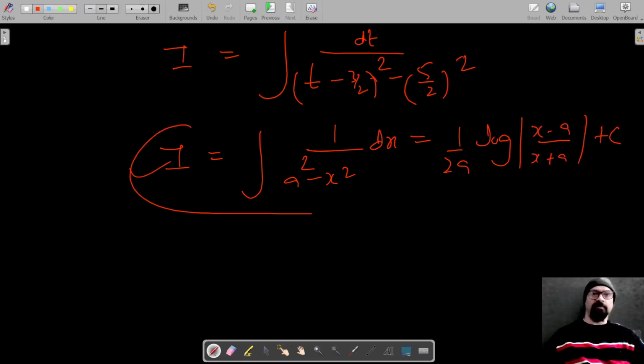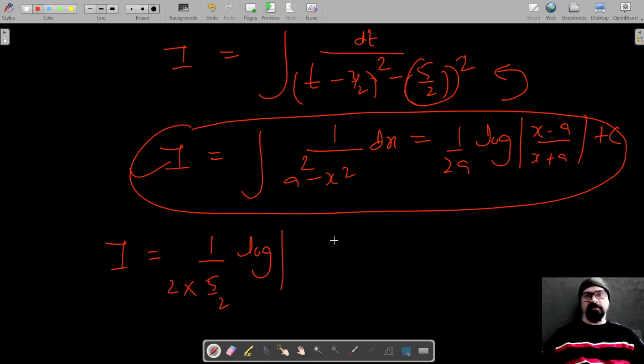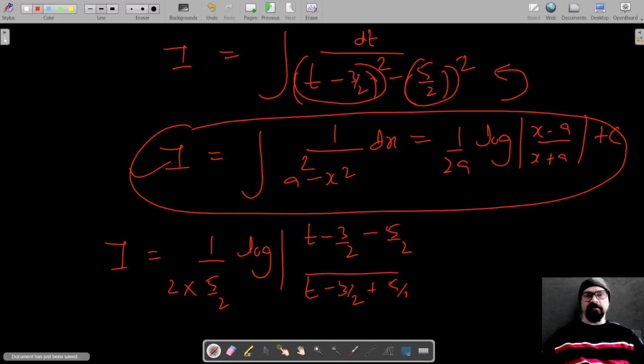So let's use this formula, which gives me I is equal to 1 by 2 into a. A here is 5 by 2, so this is 5 by 2 log of x. In terms of x, we have t minus 3 by 2, so this is t minus 3 by 2 minus a, which is 5 by 2, t minus 3 by 2 plus a, which is 5 by 2 plus c.